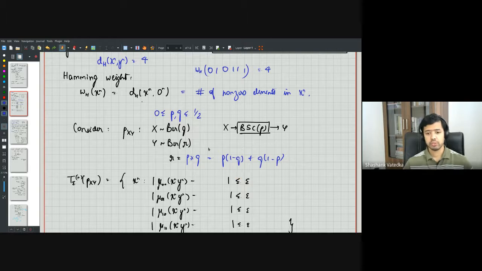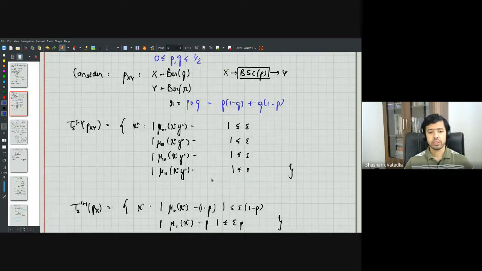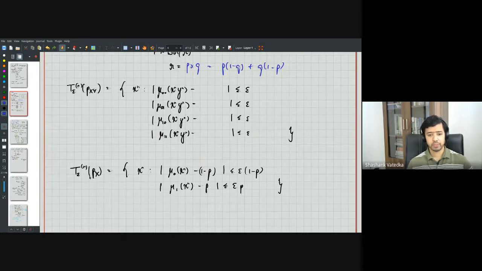Okay, so let's see what this means. So we know this from the properties of typical sets. So now suppose that we define the typical sets corresponding to pxy and px and py. Okay. So let's look at the typical set corresponding to px. By definition, it is the set of all binary sequences xn for which mu0 of xn is close to 1 minus p, and mu1 of xn is close to p.